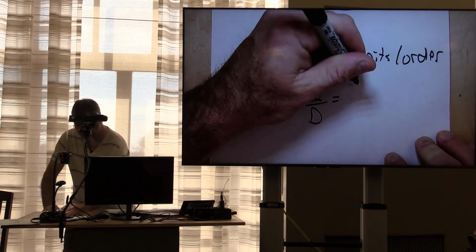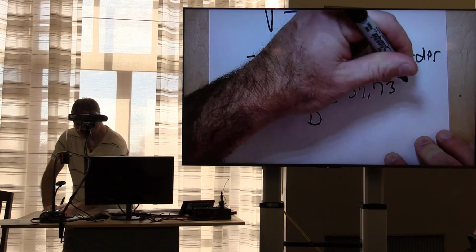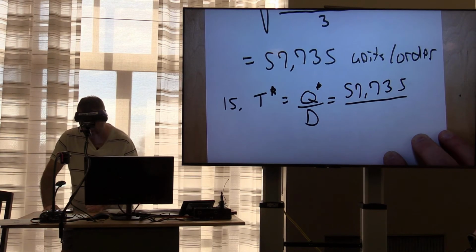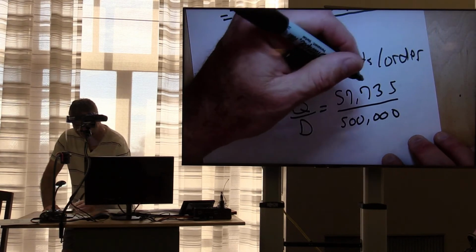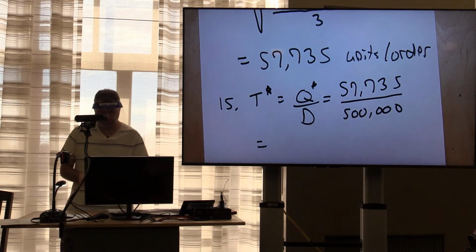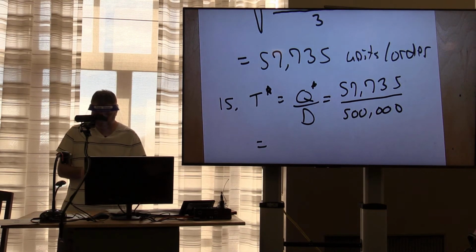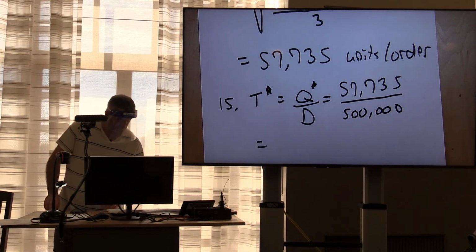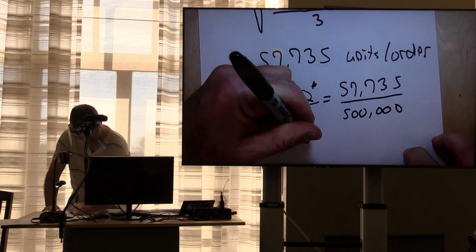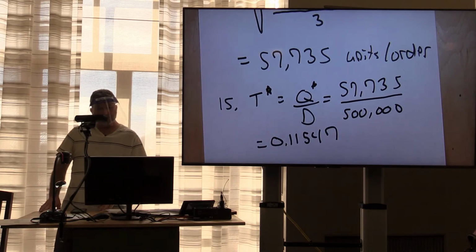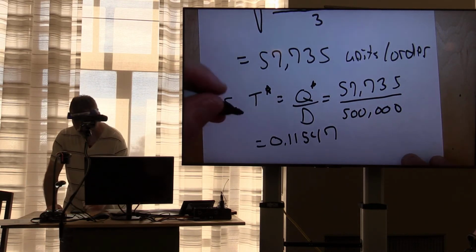Q star, we said, was 57,735. Big D, total needs over the entire year, 500,000. That is about 11.5% of a year.